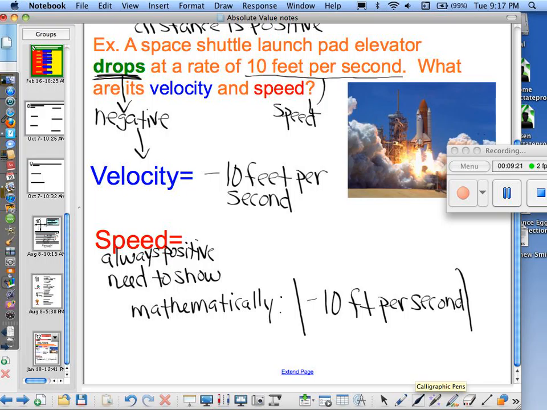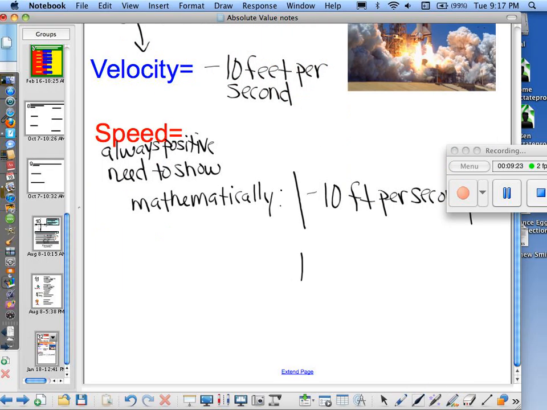So the absolute value of negative 10 is 10. So speed is positive no matter what, so we have to show that. But velocity can be positive or negative because it's going to show our direction. So if there's any questions, you need to make sure you stop the video and go back and revisit this. And everybody must have this written down. Make little notes of questions that you need to ask when I get back.